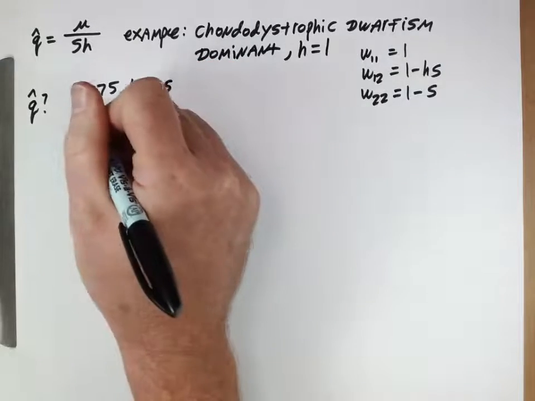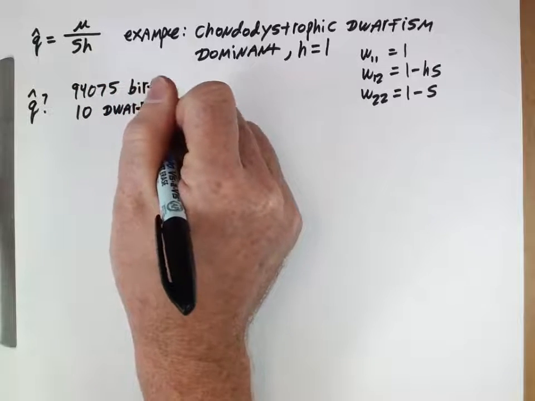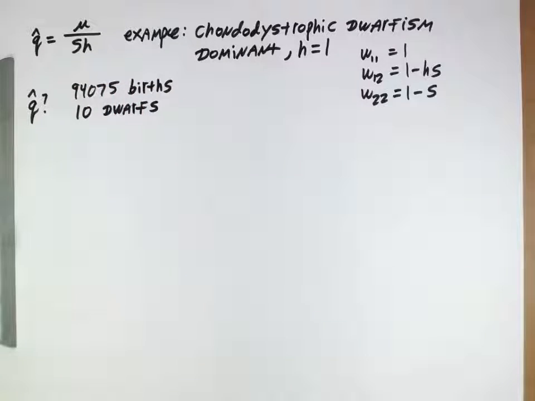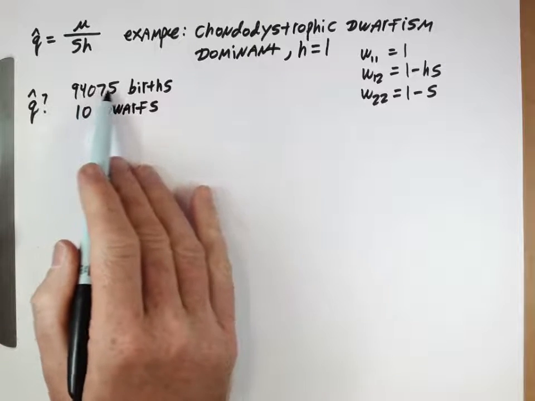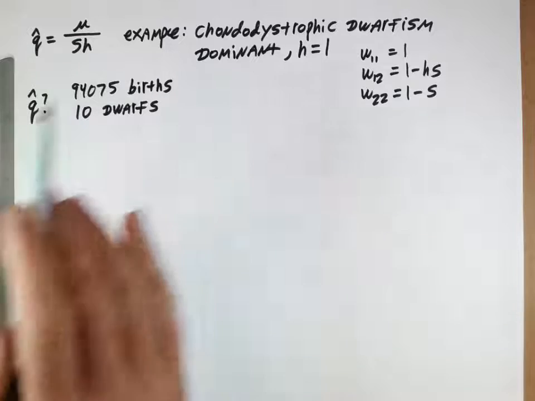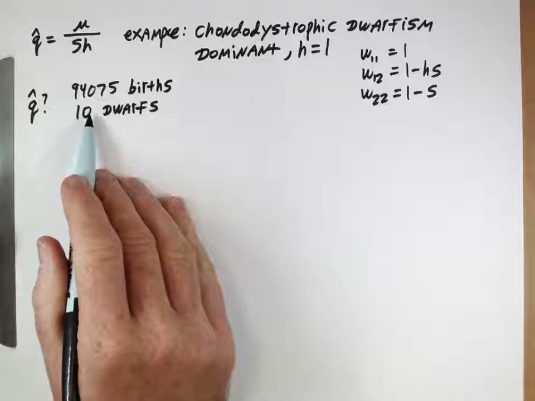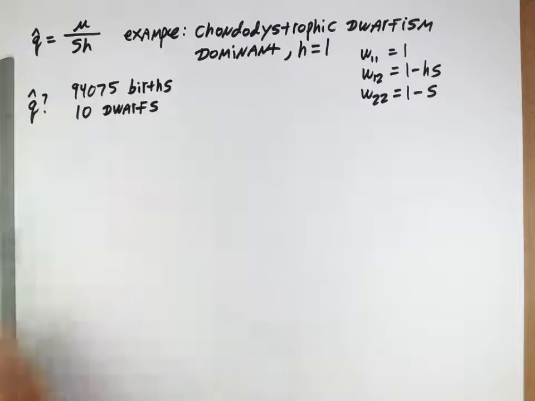Of those births, they identified that 10 of them were chondrodystrophic dwarf individuals. So of this many babies, 10 had this genetic disorder, and these 10 individuals were almost definitely heterozygous, right? When alleles are at very low frequency, they're almost always present only in heterozygotes.